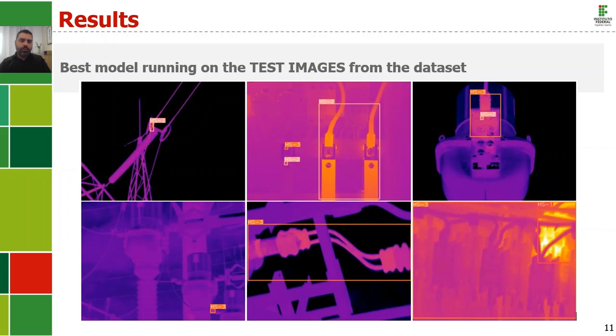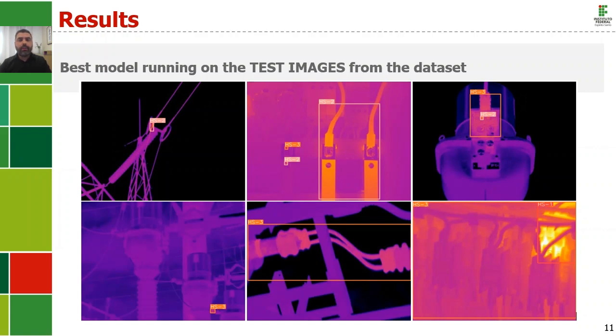The figure shows on the first image a hotspot priority 2 in a distant energy line insulator. On the second image, two hotspots priority 2 and one hotspot priority 3 in a bus bar connection. On the third image, a hotspot priority 2 inside a hotspot priority 3 in a bus bar connection.